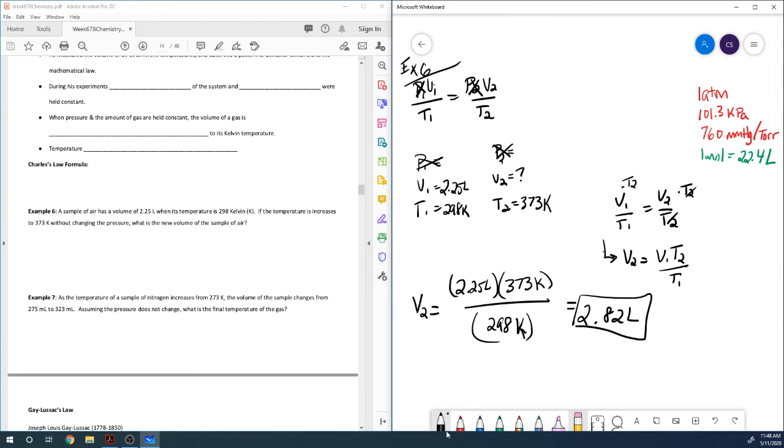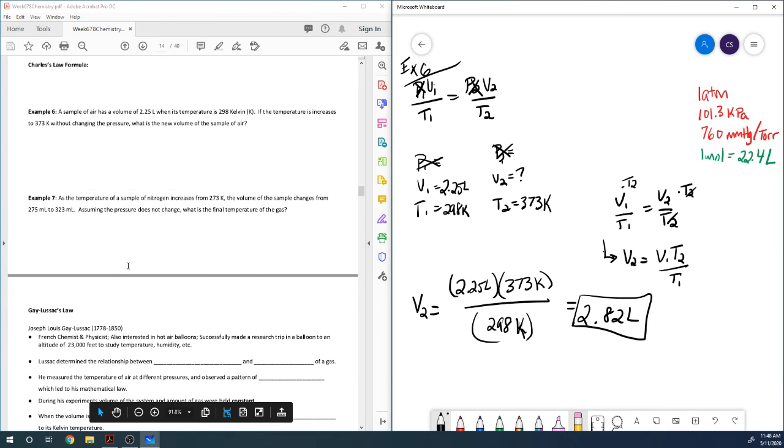Notice that your temperature needs to be in Kelvin, and as far as your volume goes, as long as it remains constant, it shouldn't matter. Okay, temperature in Kelvin. Okie doke.